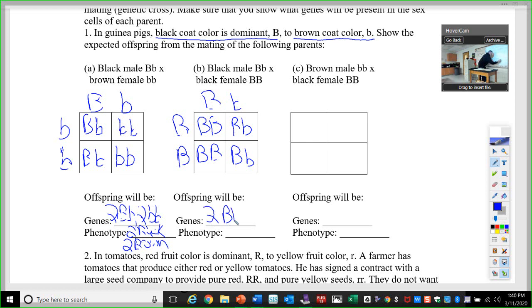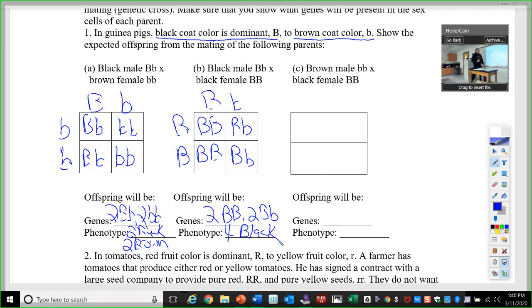Good. Phenotype: 2 black, 2 black, so 4 black, right? Because isn't this one showing black as well? It's heterozygous, but it shows black. You don't know that. 4 black.